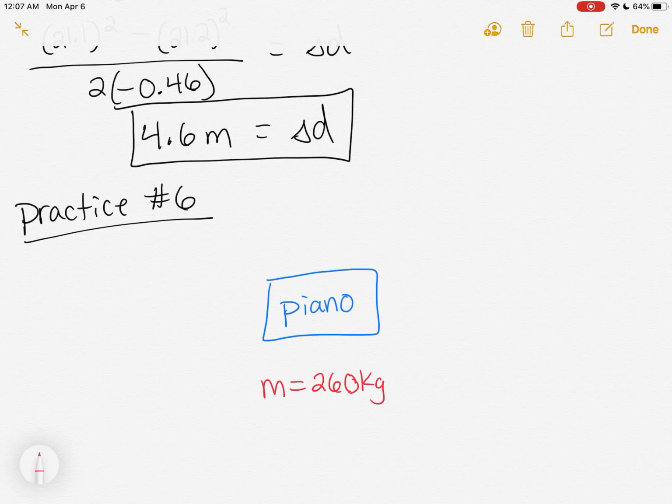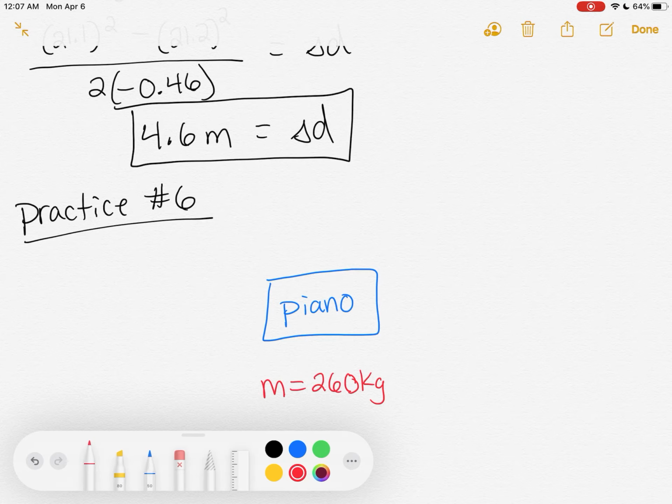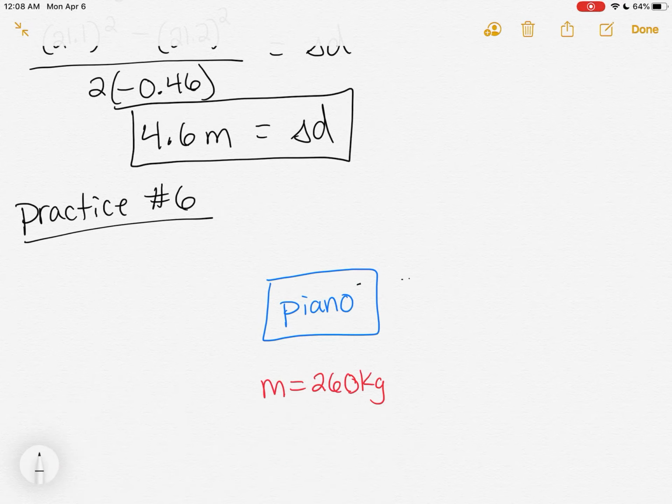And Kathy and Matt are both pushing on the piano. And they're both pushing forward. So I'm going to choose that they're pushing to the right. So this is the force of Kathy, and then this one is going to be the force of Matt.